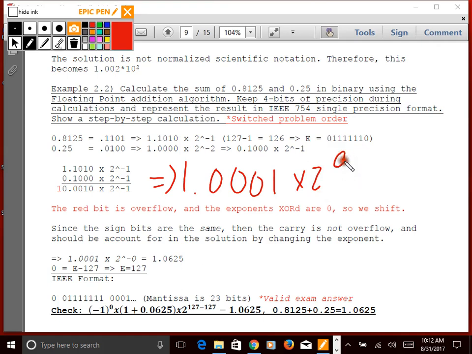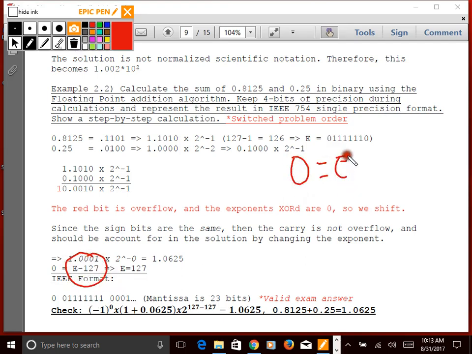So this 0 value, if you recall from IEEE 754 format, is the result of E. The exponent is equal to this value minus 127, right? So E equals 0 plus 127. So in this case, just E equals 127, right?